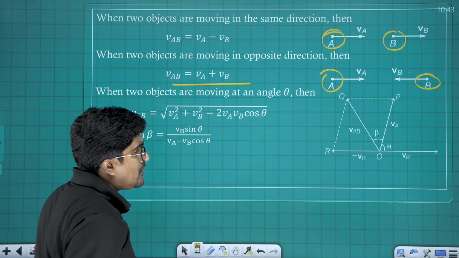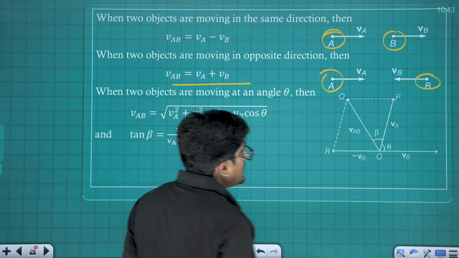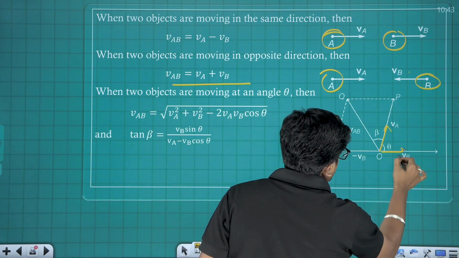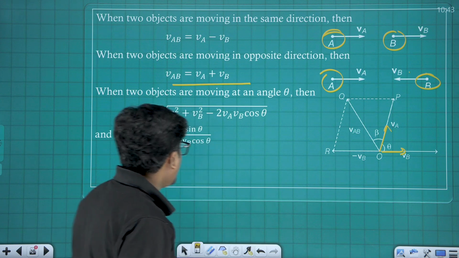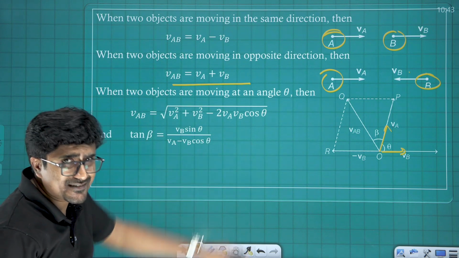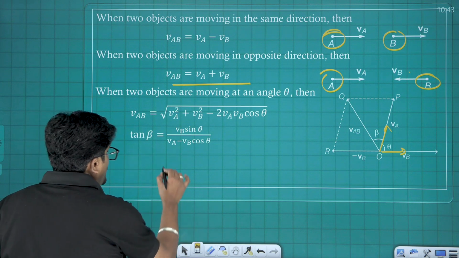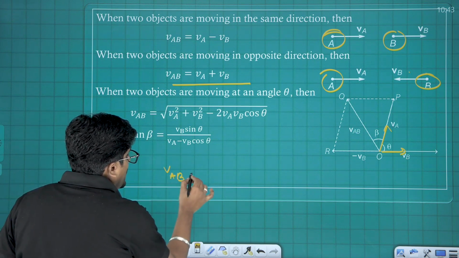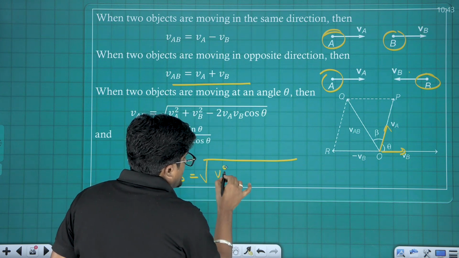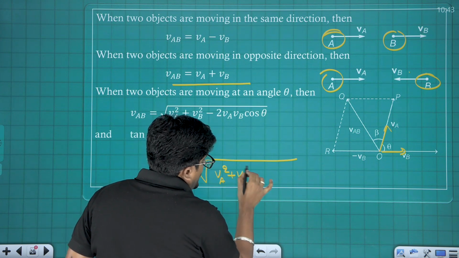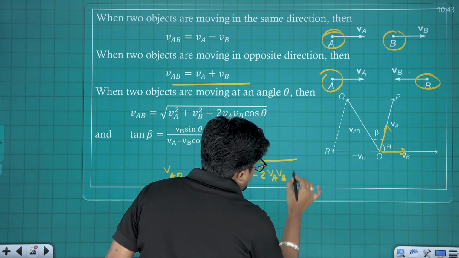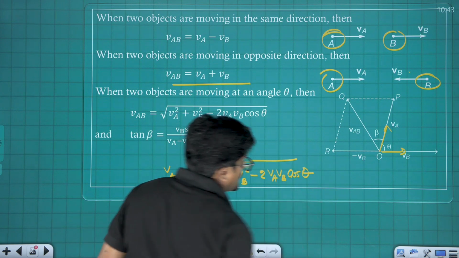And if they are at an angle of theta, here this is VA and here this is VB. In that case, the relative velocity of A minus velocity of B, where the angle between A and B is theta. I am telling about the magnitude only: VAB is root of VA square plus VB square minus 2 times VA VB cos theta.